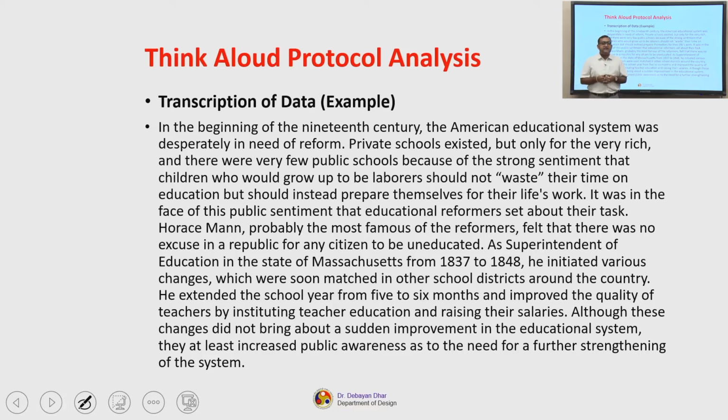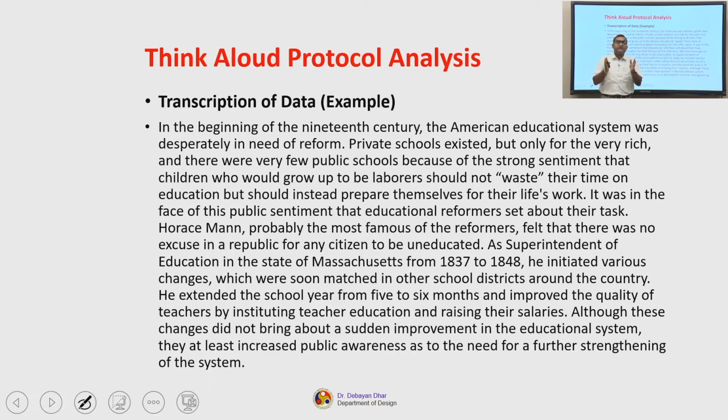He extended the school year from 5 to 6 months and improved the quality of teachers by instituting teacher education and raising their salaries. Although these changes did not bring about a sudden improvement in the educational system, they at least increased public awareness as to the need for a further strengthening of the system.